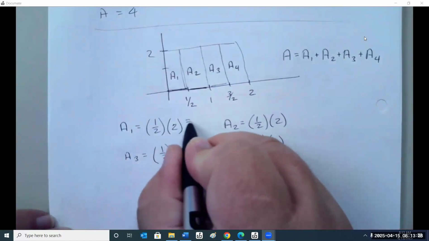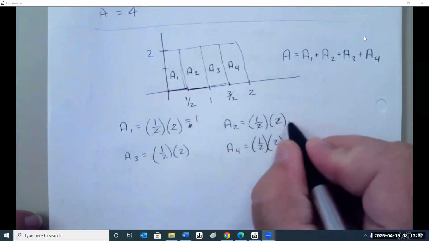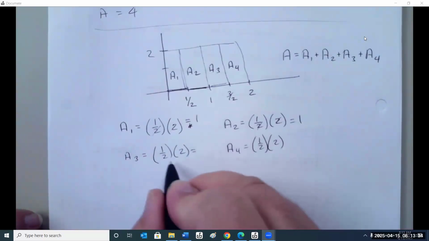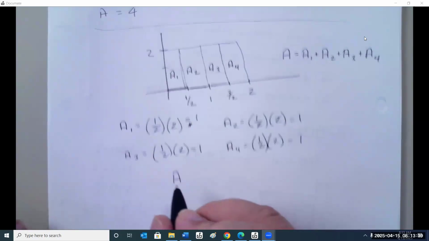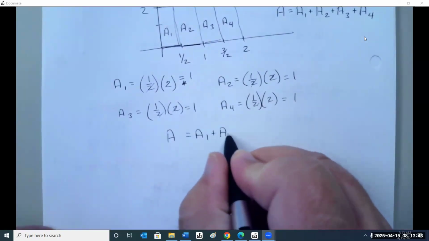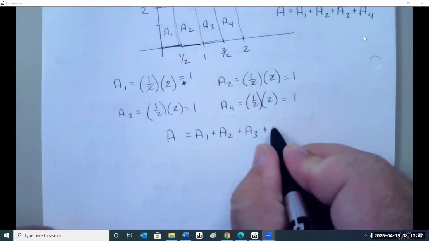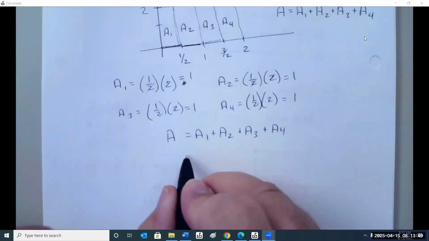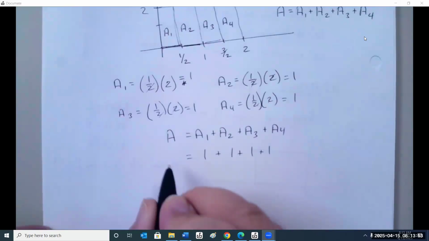So simplify these. The 2's cancel, so we get 1. The 2's cancel, so we get 1. The 2's cancel, we get 1. So the area is 1 plus 1 plus 1 plus 1.